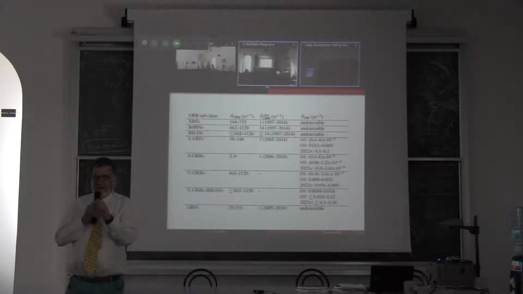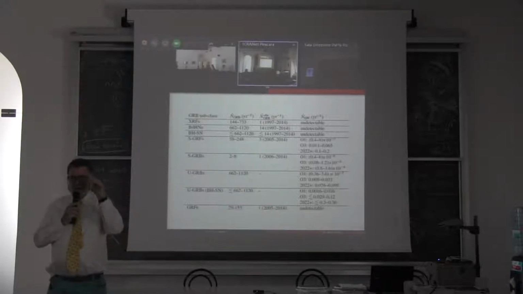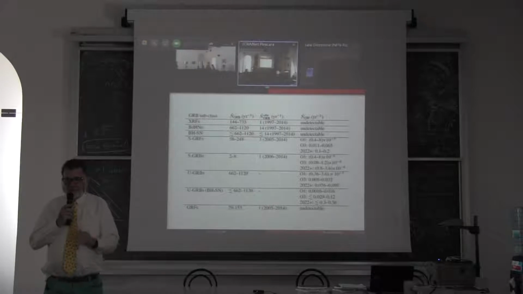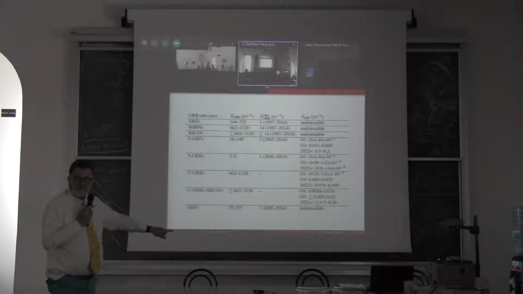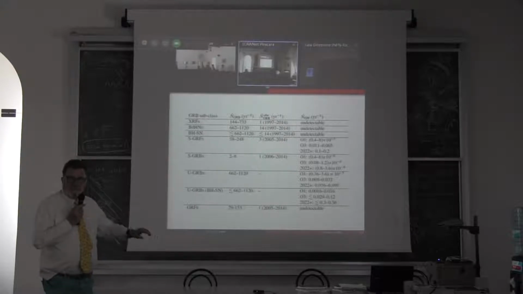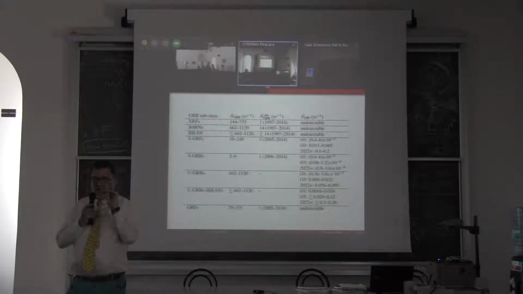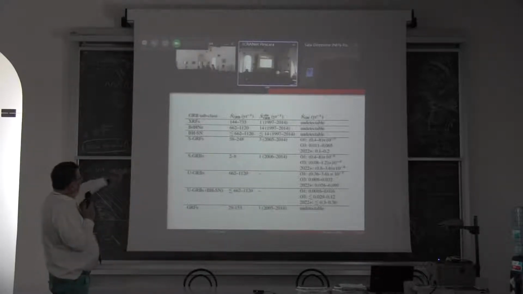We have these different classes of GRBs, and the column n dot per year gives the number of sources of this kind observed every year. But since the instruments are only looking at part of the sky, the number of sources overall is the first column here.